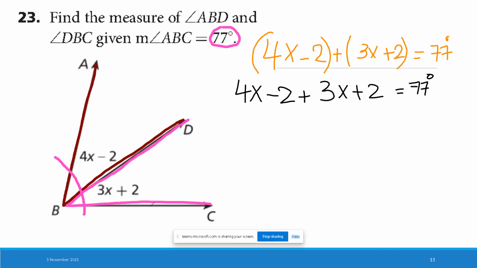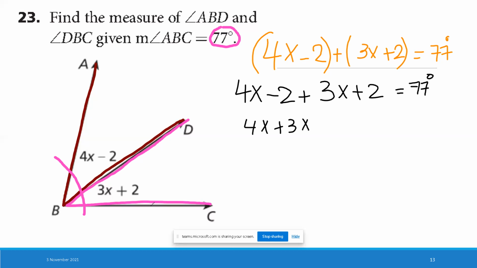Then what do you have to do now? Who can remind me? Tamara? Yes, Tamara. Together, bravo. 4x plus 3x together.